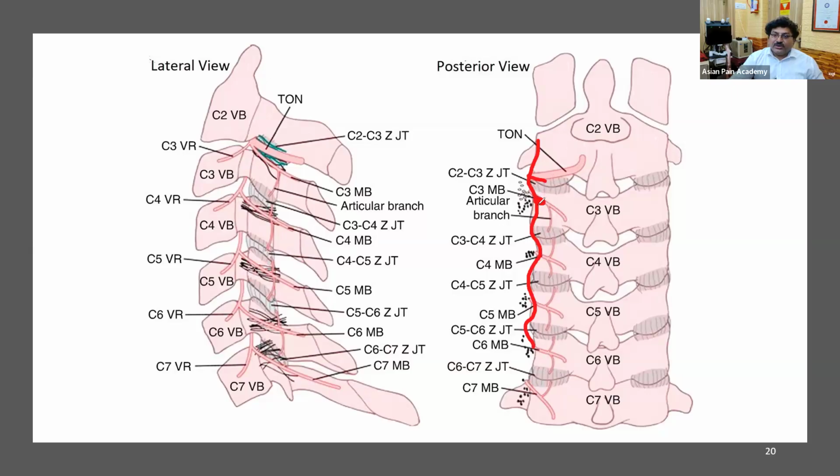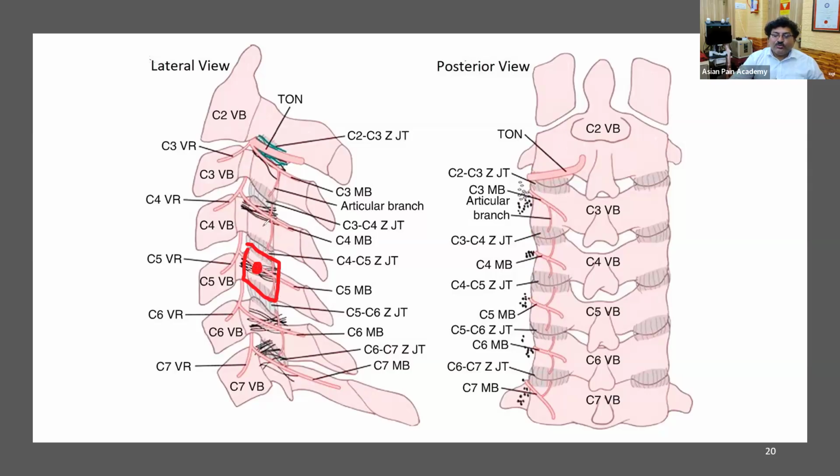In that way we used to reach there, and definitely with a little bit of stimulation and manipulation we used to find the nerve. But this is a cadaveric study where they have shown that the exact location which remains at the middle of this articular pillar is at C5.